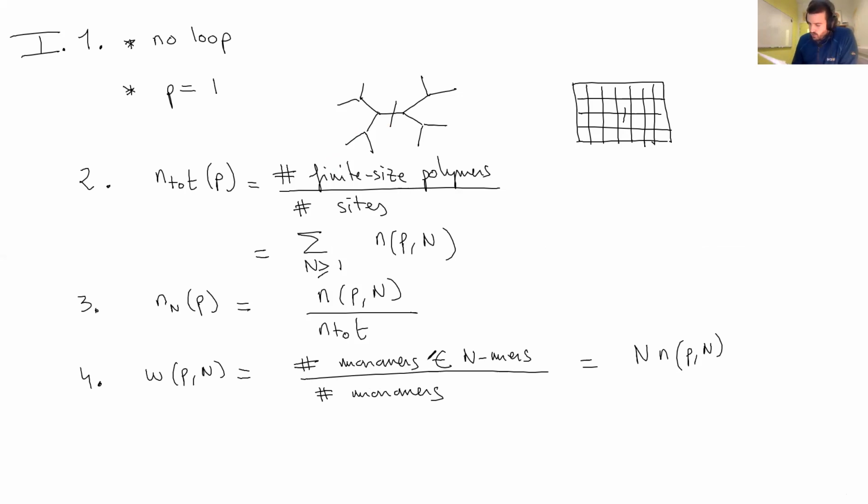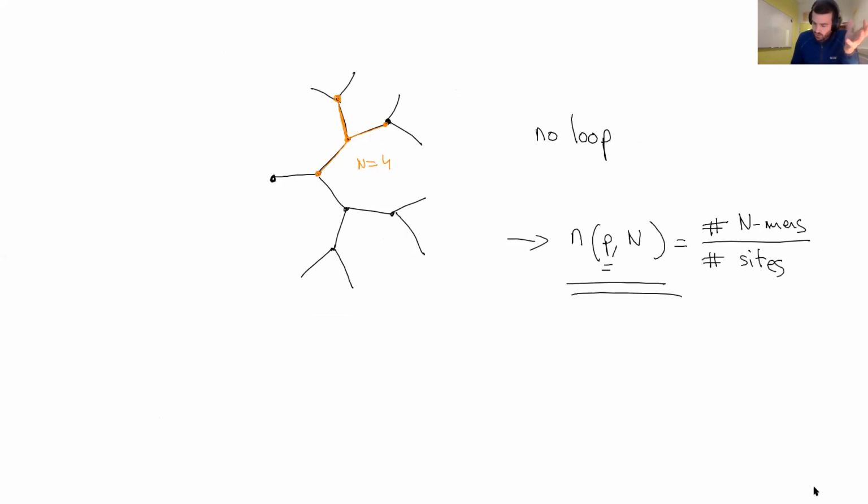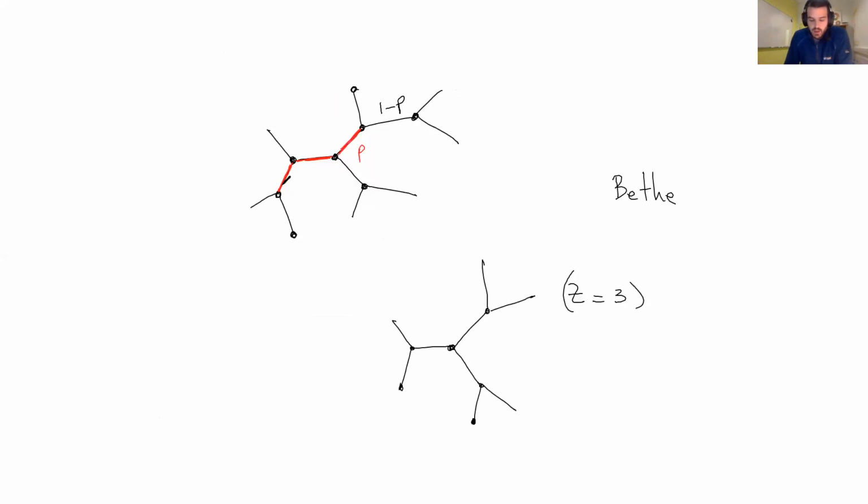Then we are asked to estimate the sol fraction P-sol. So it's question number 5. What is P-sol? The definition of P-sol is the fraction of monomers that belong to the sol entity. So the sol is what is not the gel. When you have a network, like the one we drew at the beginning here, all the monomers belonging to this red molecule here don't belong to the gel because it's a quadrimer.